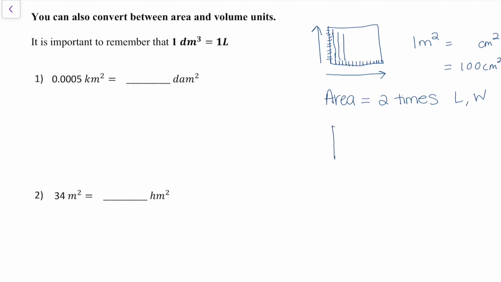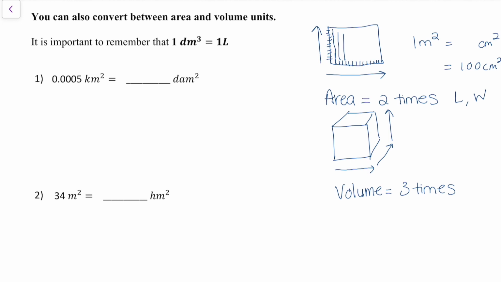With volume, the same sort of strategy applies in the sense that I'm going to have to convert the length, the width, and the height in order to get the actual conversion. And so with volume, I have to do it 3 times. So the area, there's 2 dimensions.